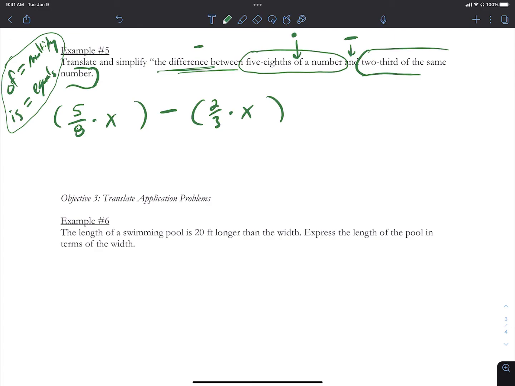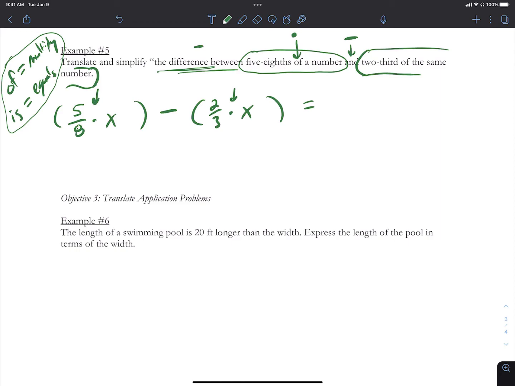Here the parentheses have no real meaning as well, because we would multiply before we subtract, so we don't actually need those parentheses. I also don't need the times symbols in between the fraction and the variable x, because it's implied that if I have a coefficient in front, it's multiplying.